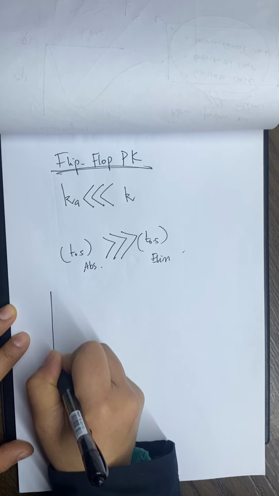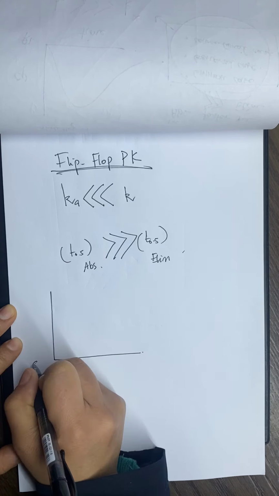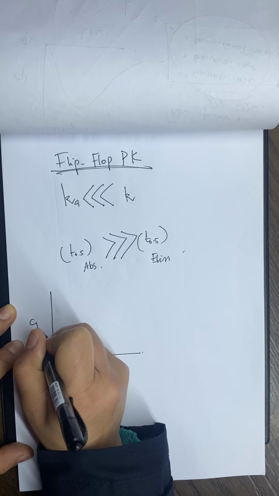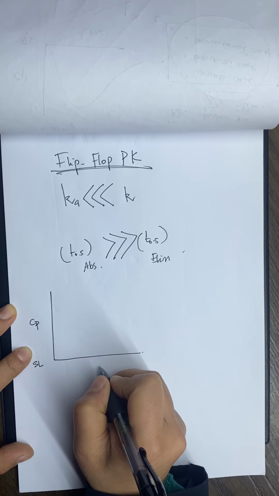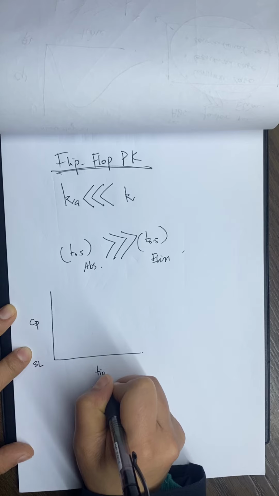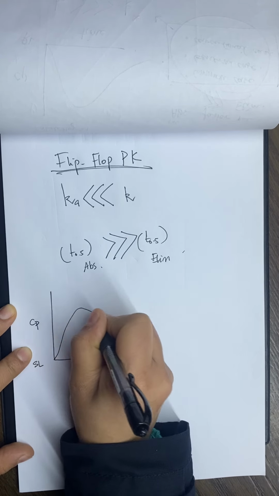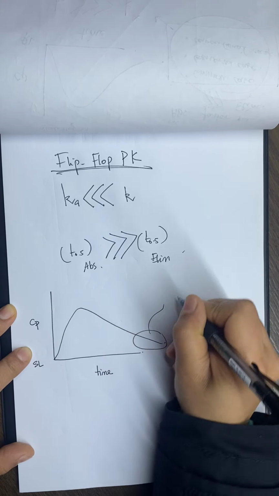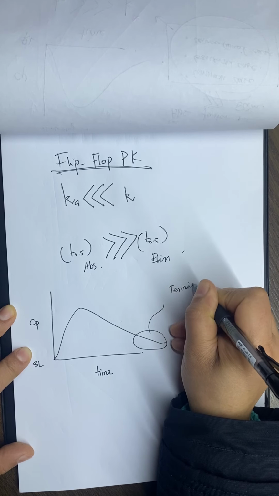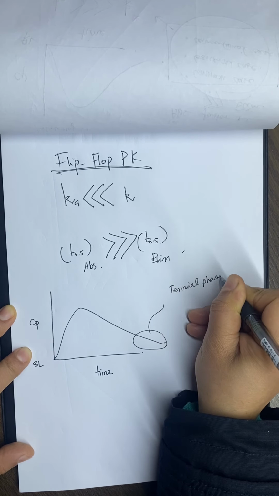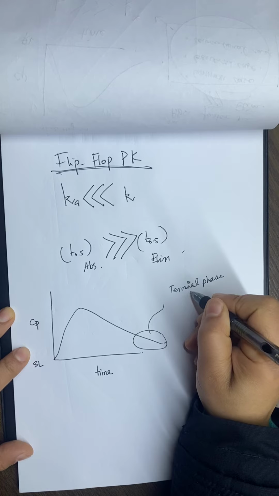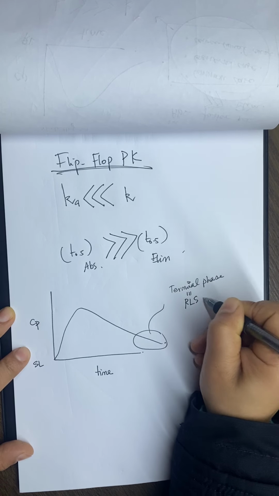So accordingly, if we have the profile, concentration on a semilog graph versus time, and we have the terminal phase, we still call it the terminal phase, which in any profile is related to the rate limiting step.